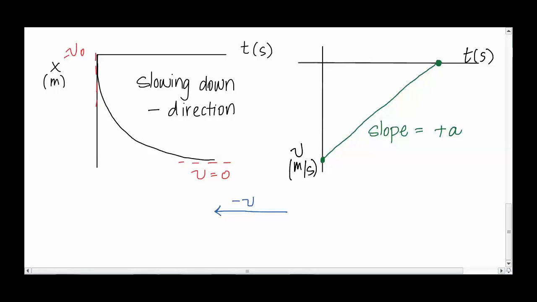From the position time graph, I know it's moving to the left because it goes from 0 to a negative position. But the velocity time graph shows me the acceleration is positive. So those two vectors are opposite of each other. And so the positive acceleration is actually causing the negative velocity to decrease, so it's slowing down.